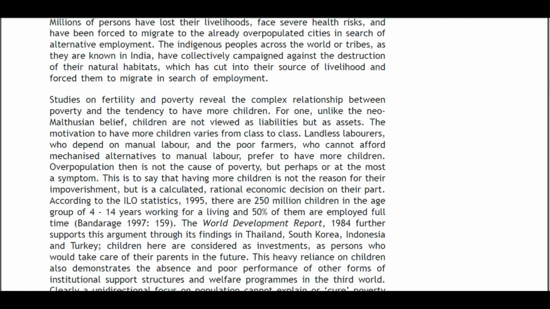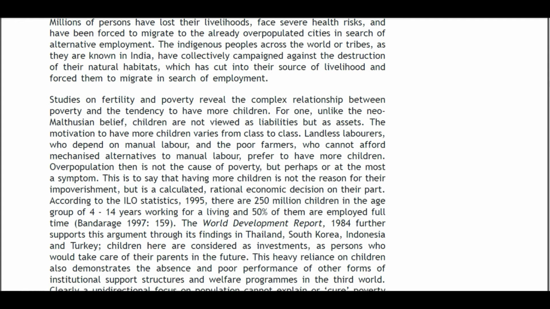Studies of fertility and poverty reveal the complex relationship between poverty and the tendency to have more children. For one, unlike the Neo Malthusian belief, children are not viewed as liabilities but as assets. The motivations to have more children vary from class to class.